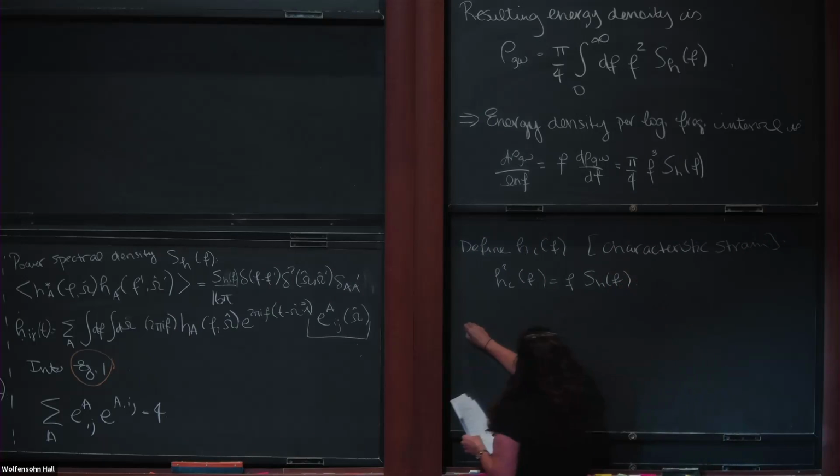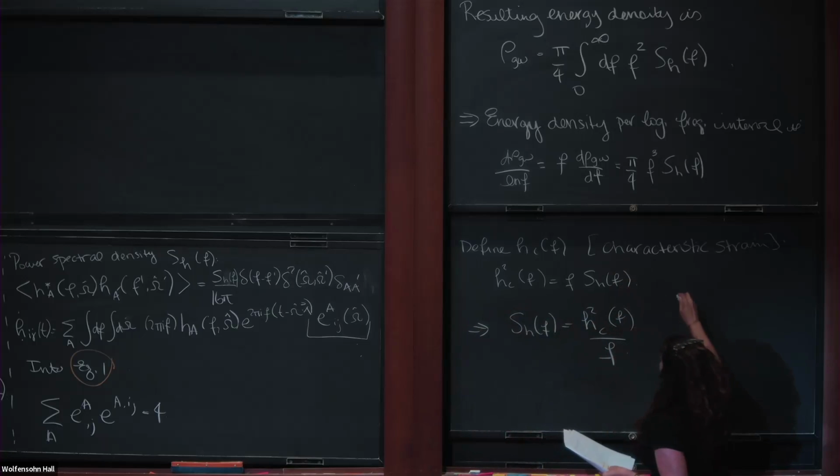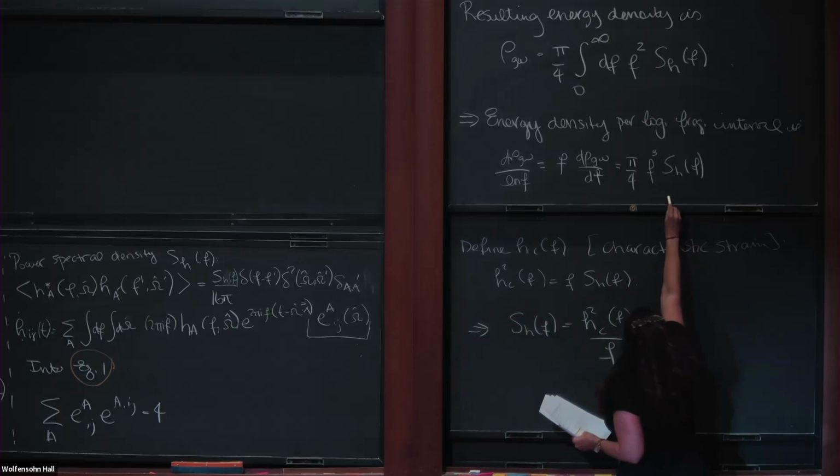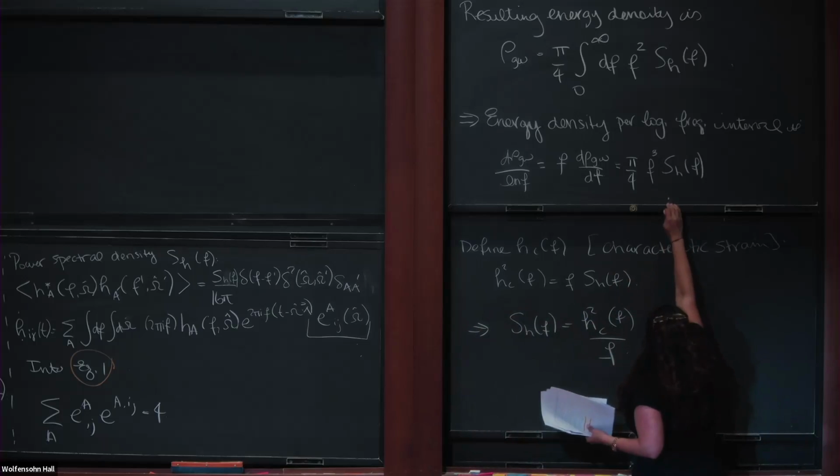And that means that S_h of f is equal to the characteristic strain squared divided by frequency. So if you substitute that into this equation here, maybe we'll call this equation 2.